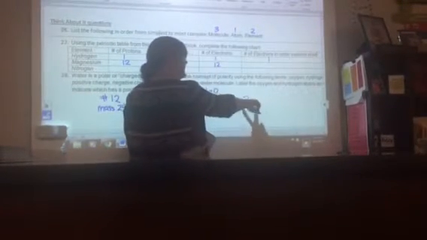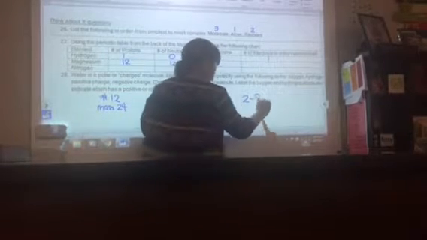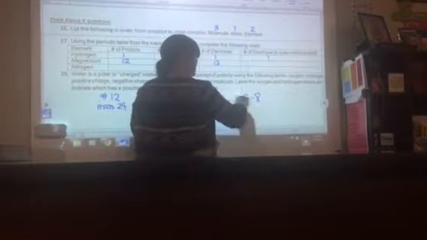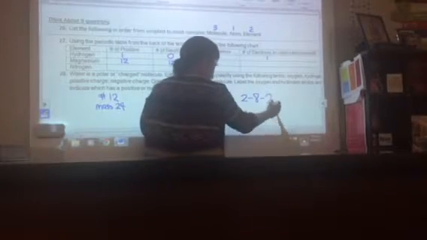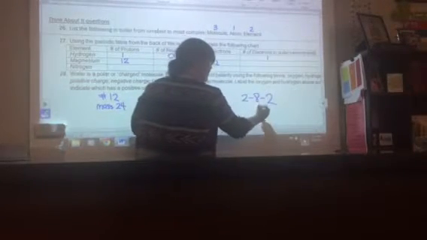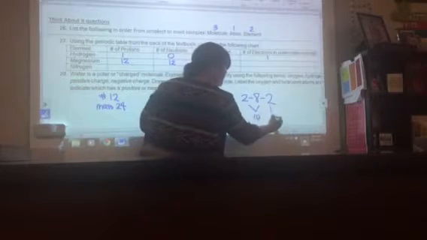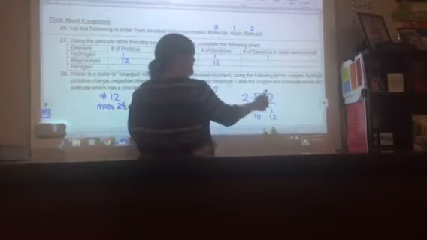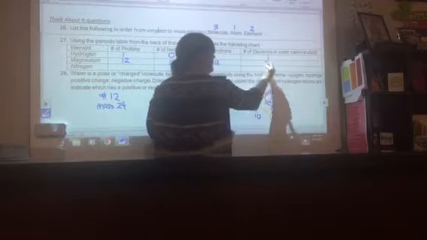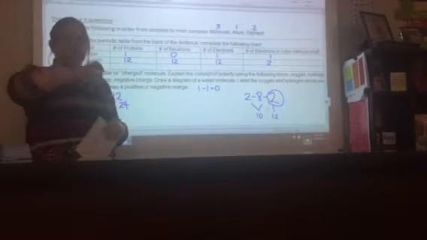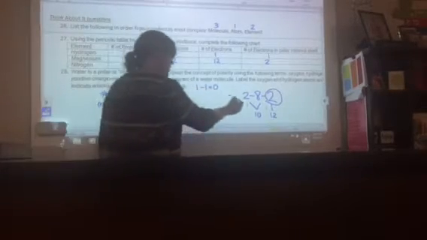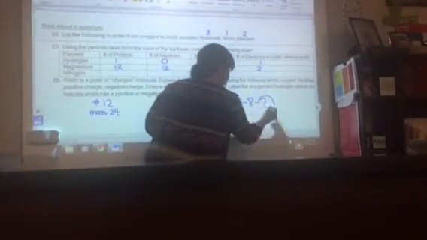How many would I have in the second shell? 8. But that's only 10. I've got 12. So how many do I have in the last shell? 2 more. So 2 plus 8 is 10, plus 2 more is 12, and I have 12. So I have 2 in my outer shell. Okay? Does that make sense? Yep. All right, you're just filling in your shells until you use up all your electrons.